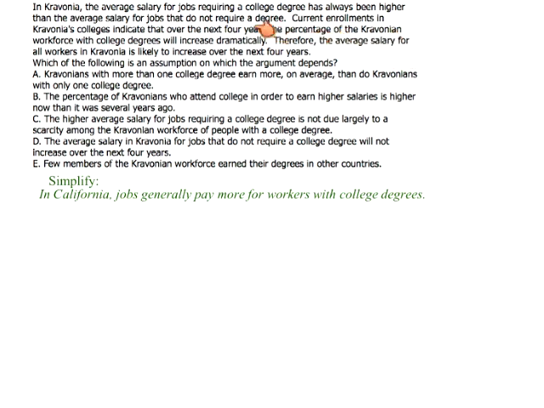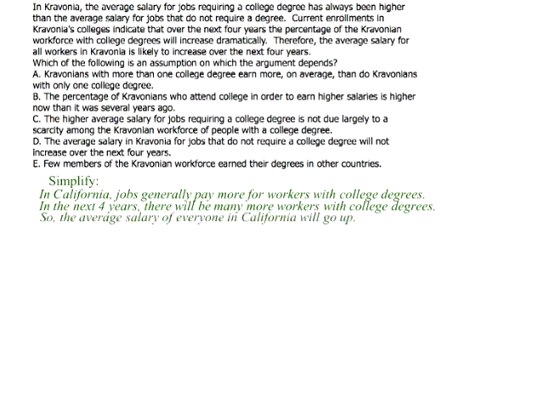So the data say that over the next 4 years, there will be many more workers, or at least potential workers, with college degrees. So the average salary is going to go up. The average salary of everyone in California will go up. That's the argument.